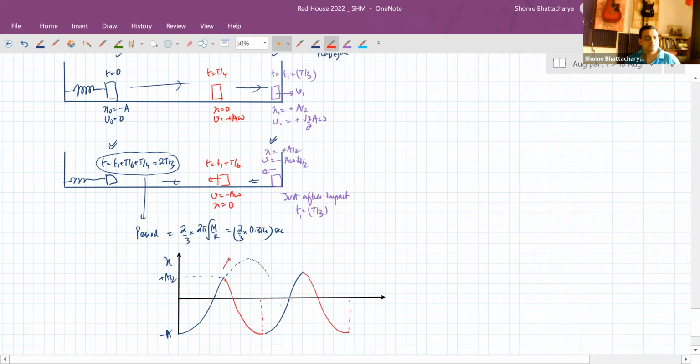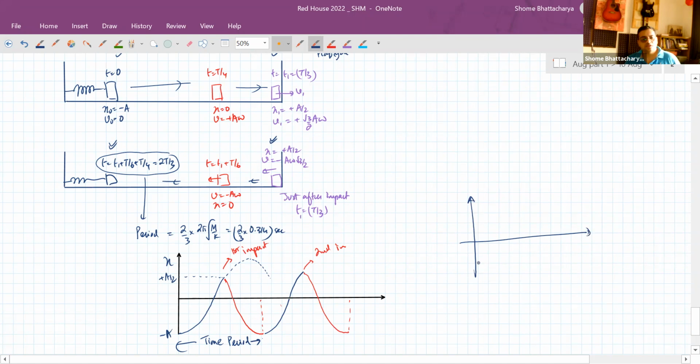These are all the impacts. This is the first impact, the second impact. So this is the new time period. So it is like a truncated SHM.